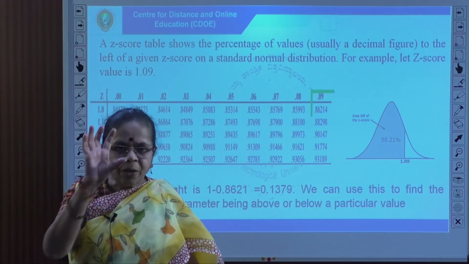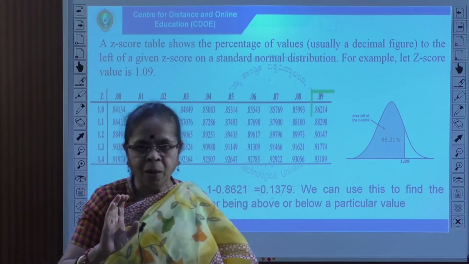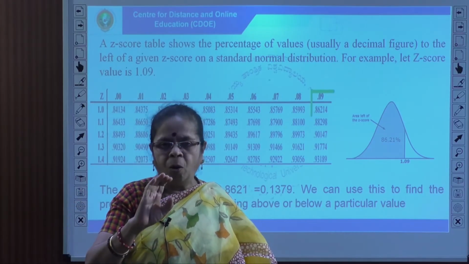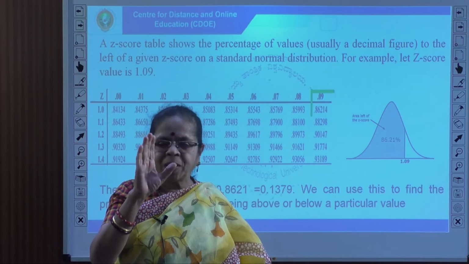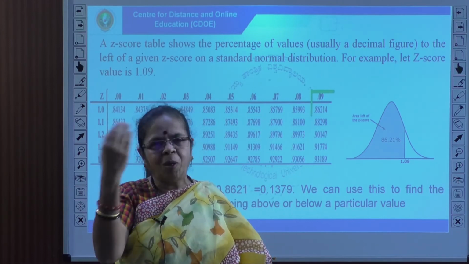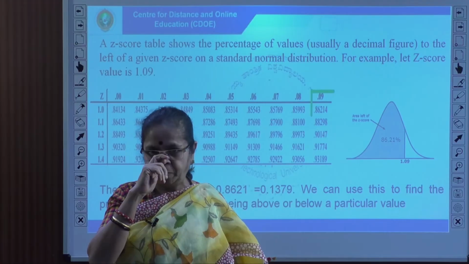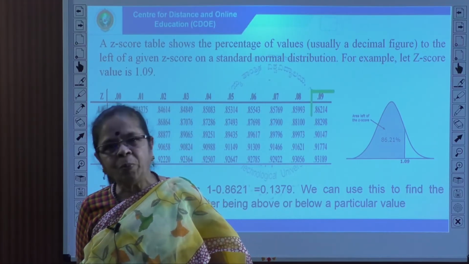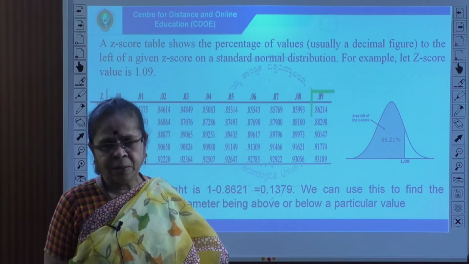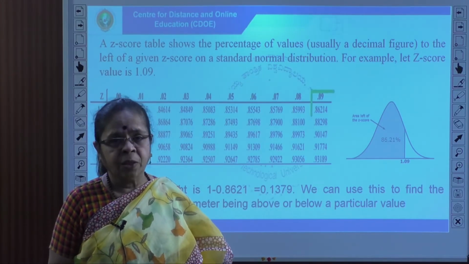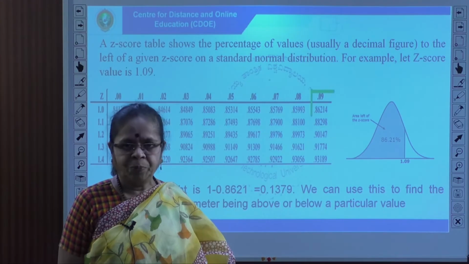So, basically from the Z score table, you can make out for a given Z value how much percentage lies to left and how much percentage lies to right. Now, we will see where this could be useful, in some kind of problems and in some research problems.